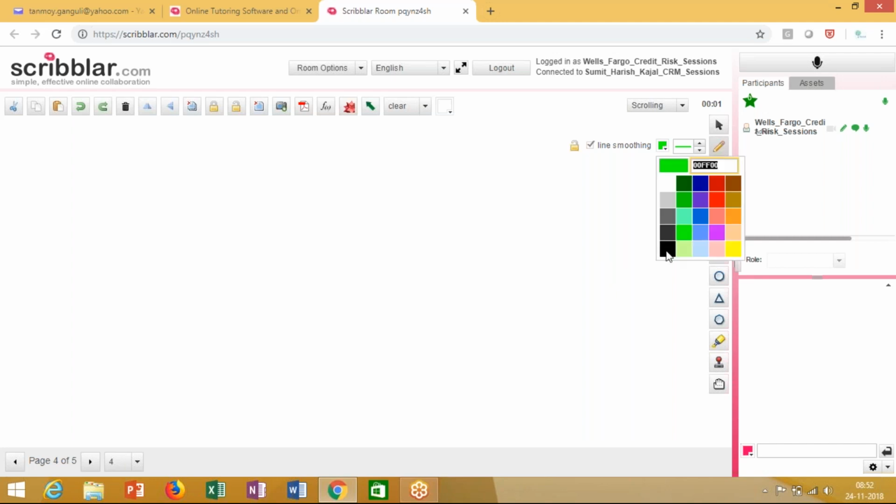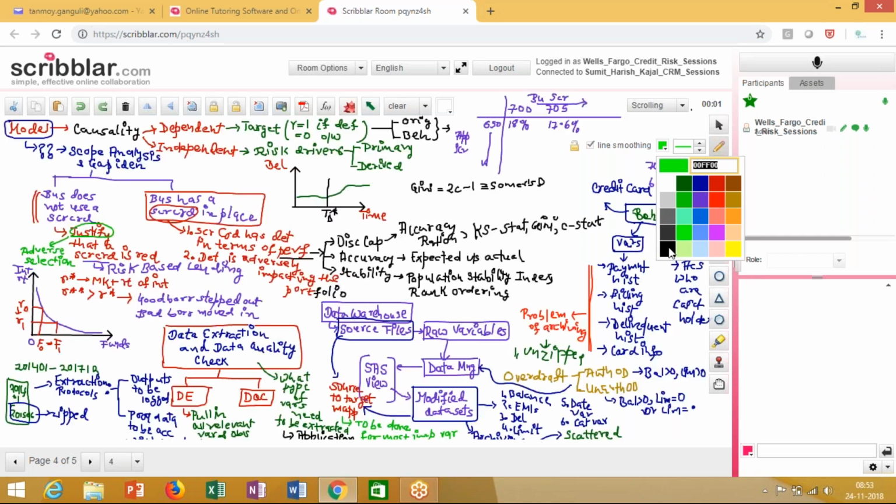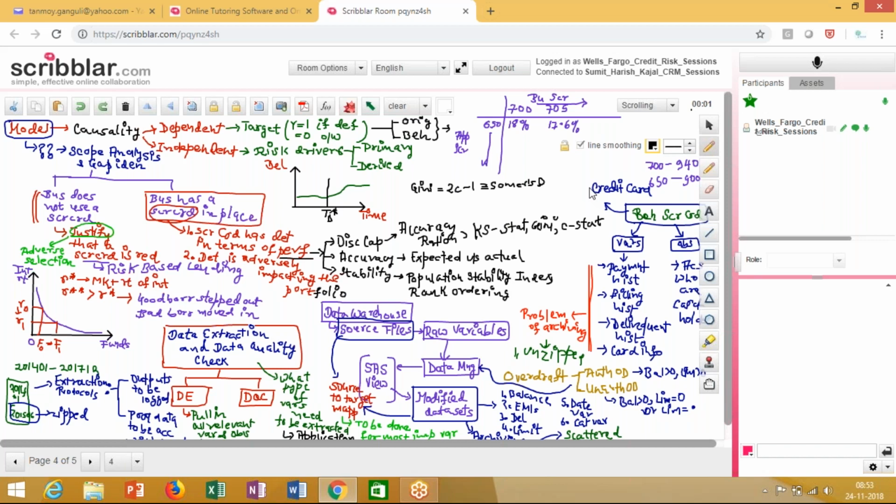So, in the last two classes, we were discussing the detailed data quality check exercises, right? We were trying to understand how a scorecard is developed and what stages we follow while developing scorecards.